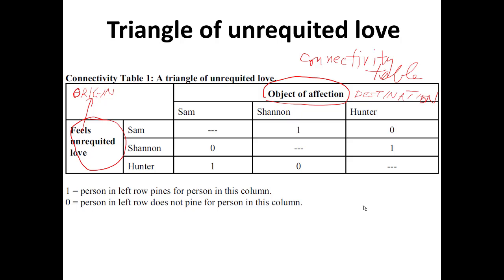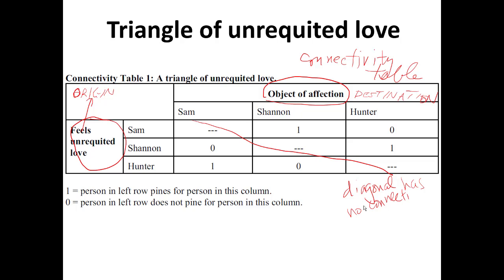And I should actually say that Sam could be a him or a her as well, because it doesn't actually matter in this system. We're not recording people's gender or sexual orientation. You could do something like that to complicate your network. All right. So these are the diagonal, and we've got it set up so the diagonal has no connections.